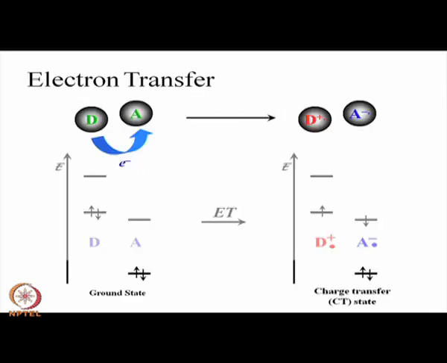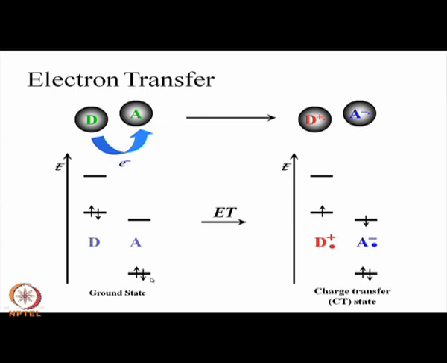Now, in electron transfer, the electron is transferred from donor to acceptor, giving rise to this charge transfer state. It is a di-radical, a radical ion. This is one radical ion, this is another radical ion.